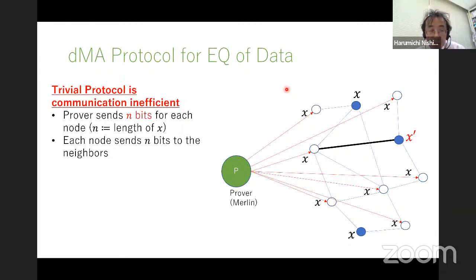But this is an inefficient protocol, because if the message has n bits, the prover sends n bits to each node. Usually in distributed computing, the message must be logarithmic or polylogarithmic in the size of the data.